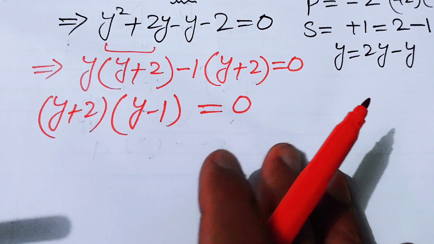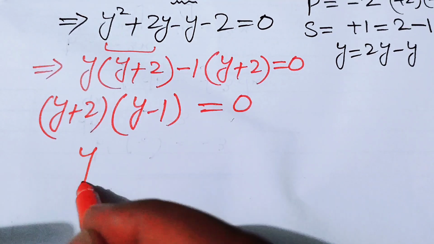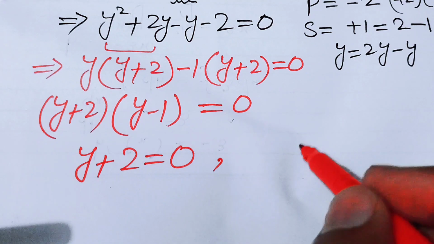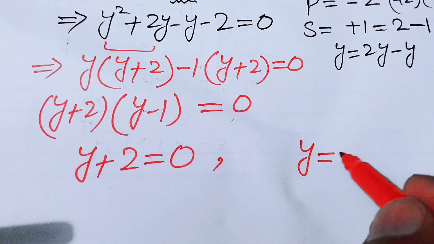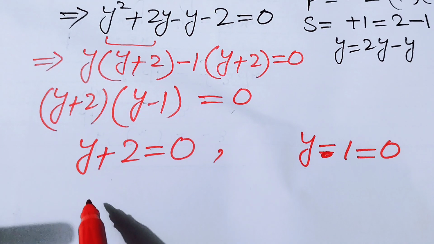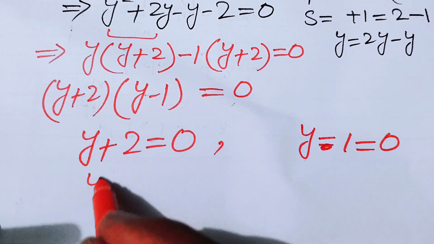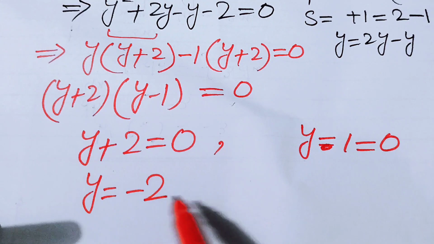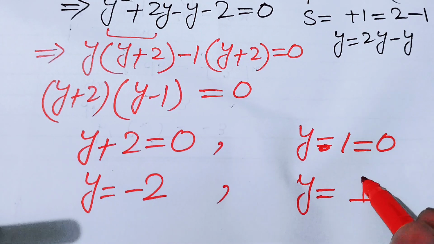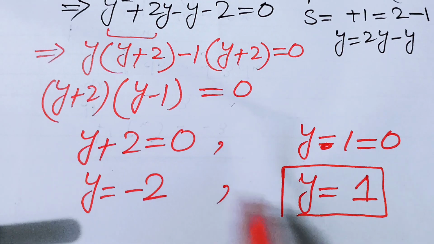So here you have two cases. The first case is y plus 2 is equal to 0, and the other case is y minus 1 is equal to 0. In the first case you get y is minus 2, and in the second case you get y is plus 1.